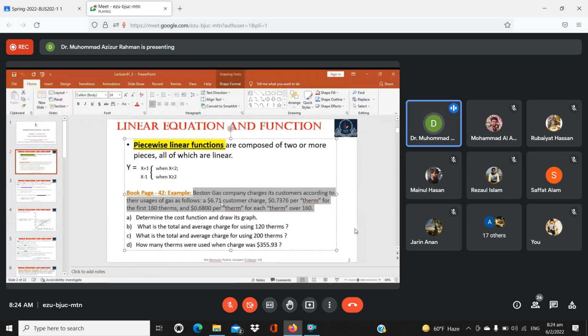Then from this cost function, we can find out what the charge will be if you are using 160 therms, or 200 therms, and if your total charge is given, you need to calculate how many therms were used.